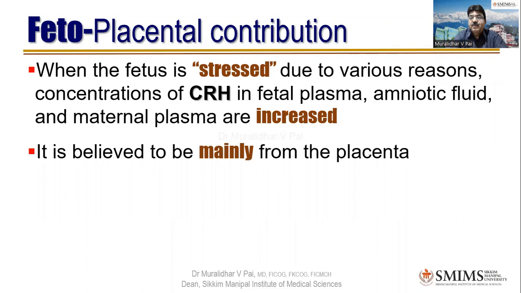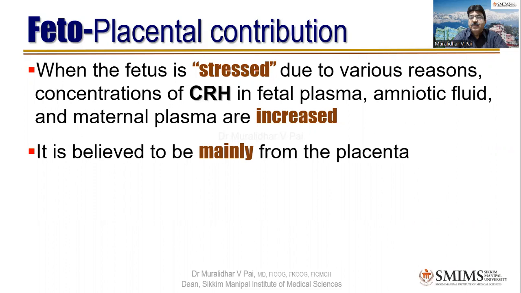So it is believed to be mainly from placenta. So the CRH, though it is seen in fetal plasma, amniotic fluid, and maternal plasma, where is it coming from? It is coming from placenta mainly. That is the connection. So fetus somehow sends a signal to placenta to increase the CRH whenever it is stressed. How does it exactly do that?